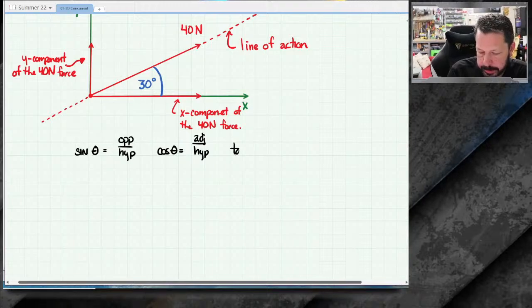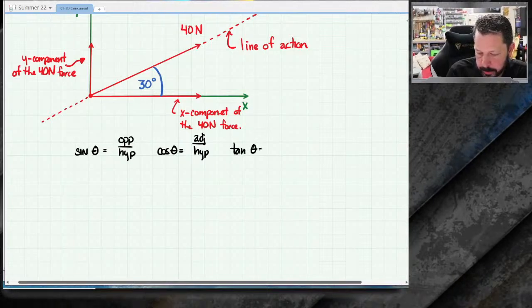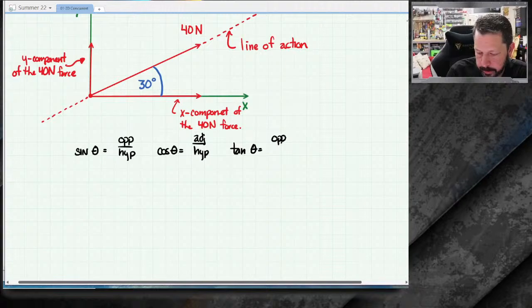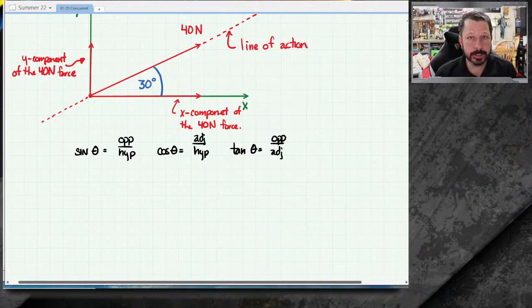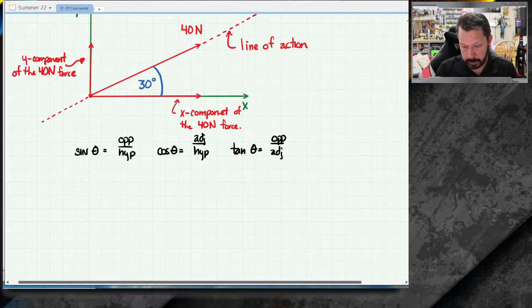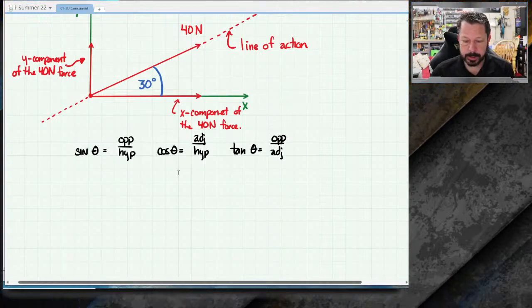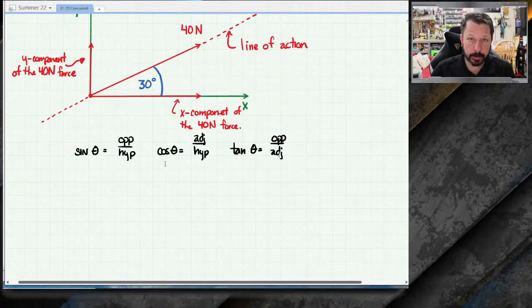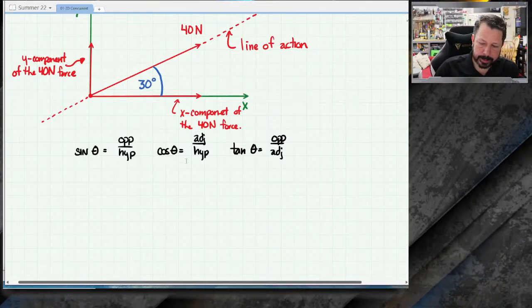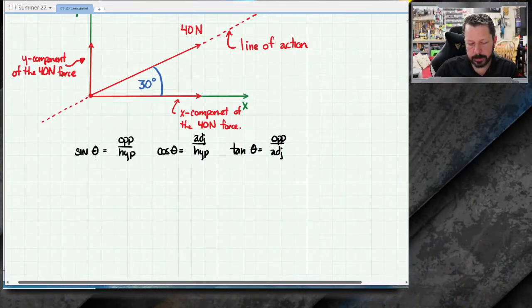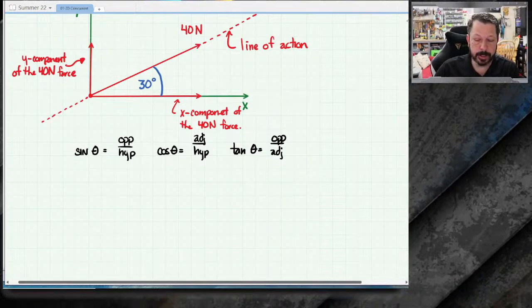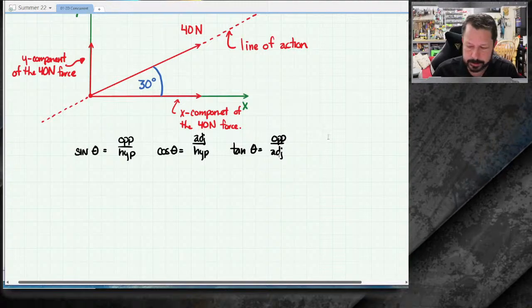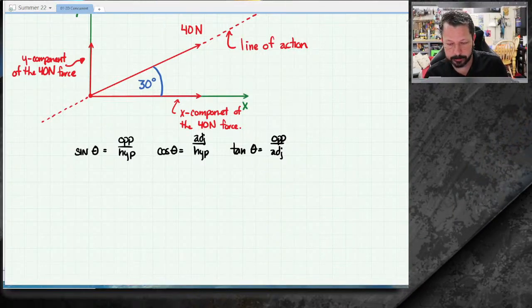And tangent is the opposite side over the adjacent side. So their lengths or their forces, their magnitudes, whatever, those actual numbers can be used to calculate these angles, or the inverse sines, cosines and tangents can be used to calculate one of the missing pieces of information here, the hypotenuse or the opposite side or adjacent side, whatever we're looking for.